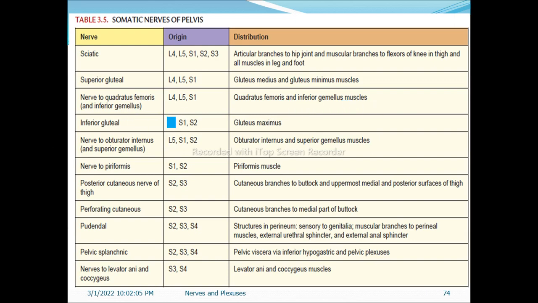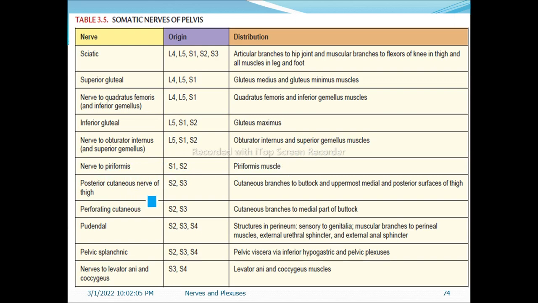The inferior gluteal arises from lumbar 5, sacral 1 and sacral 2, and supplies gluteus maximus. The nerve to obturator internus and superior gemellus arises from lumbar 5, sacral 1 and sacral 2, and supplies obturator internus and superior gemellus muscle. The nerve to piriformis arises from S1 and S2 and supplies piriformis muscle.